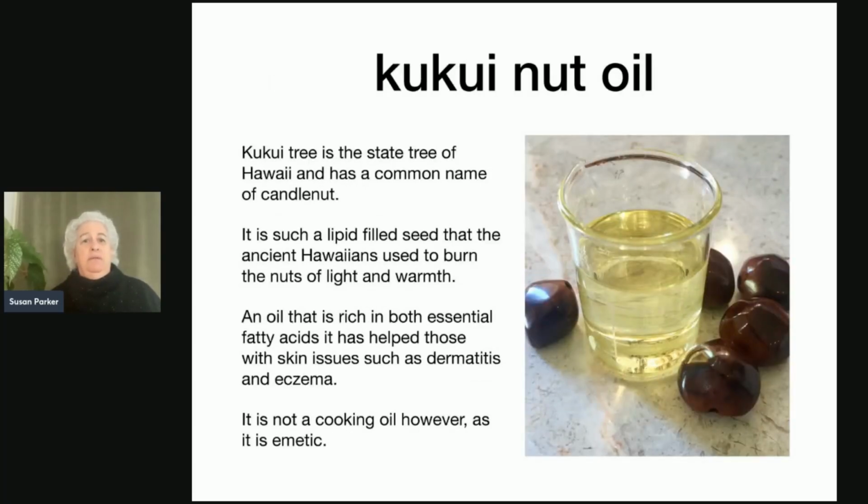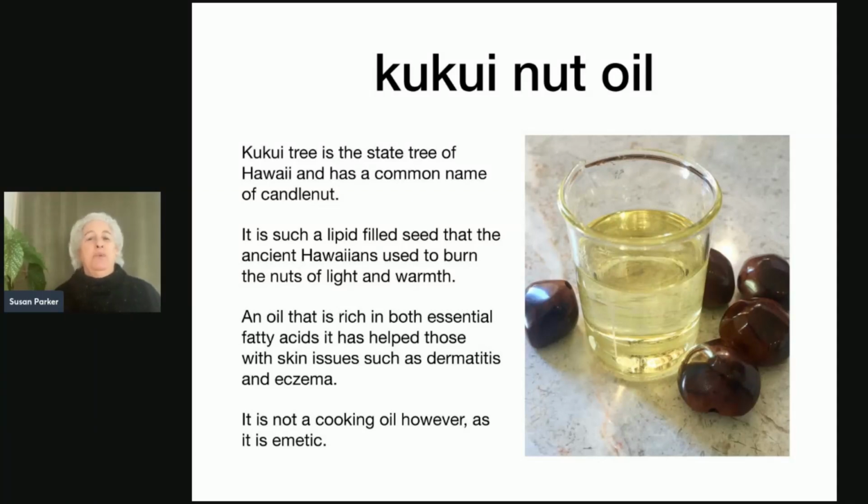Kukui nut oil. Kukui, the kukui tree, is the state tree of Hawaii and has the common name of candlenut. The nuts were so fatty and oily, the ancient Hawaiians used them as candles. They would get them burning and be able to carry them at night for light and some warmth.